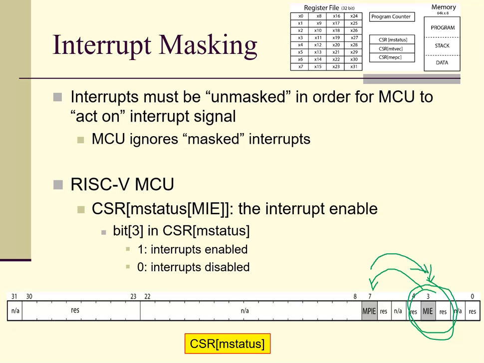Then if I don't do anything, it's going to return from the interrupt service routine with the interrupts unmasked. They're going to be enabled. But if I want to return from the interrupt service routine with the interrupts masked, inside the interrupt service routine I have to clear this bit.